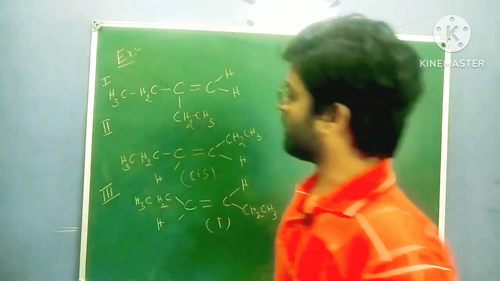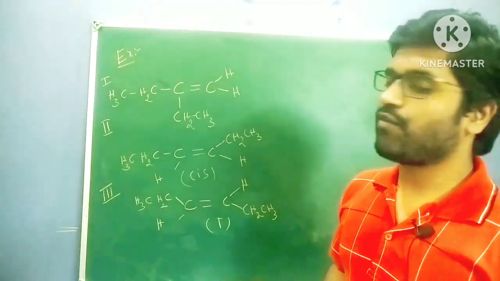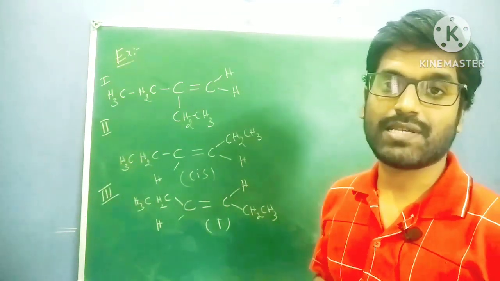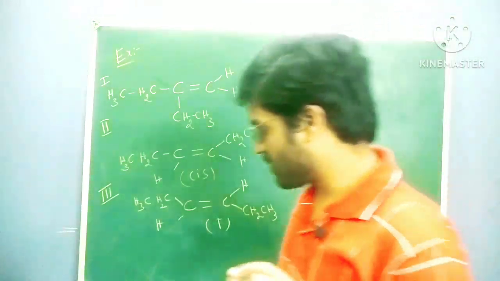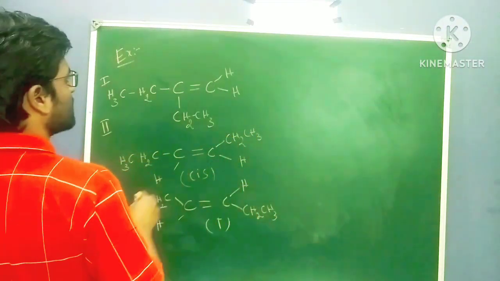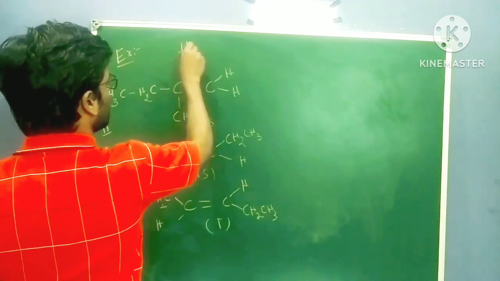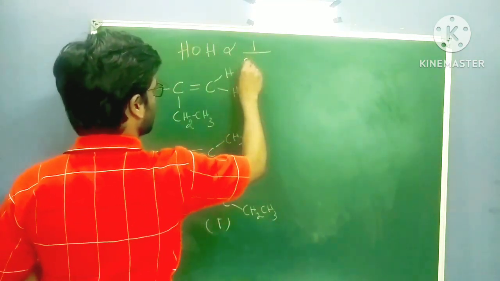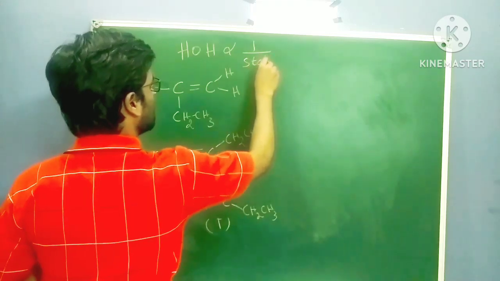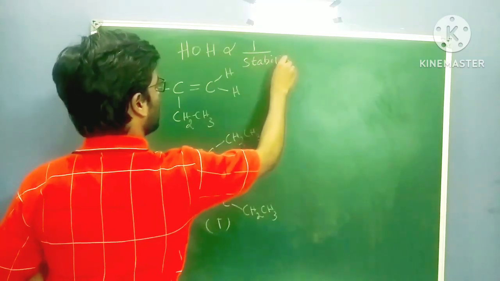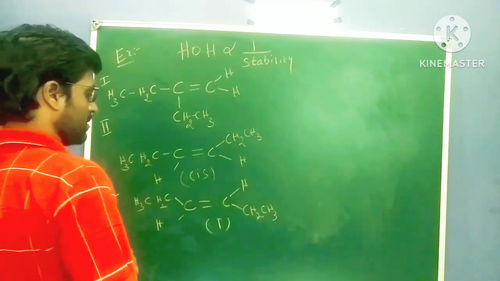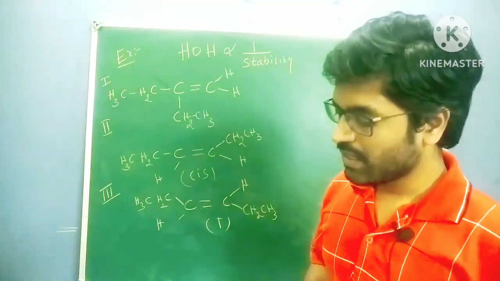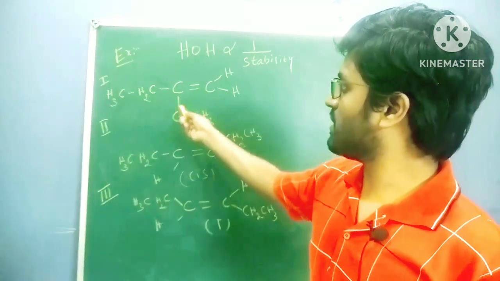Now observe which is more stable. First of all, I am asking you about the heat of hydrogenation. Which heat of hydrogenation is higher? Heat of hydrogenation is always inversely proportional to the stability. Why? What is the reason? Look, suppose here there is an alkene.